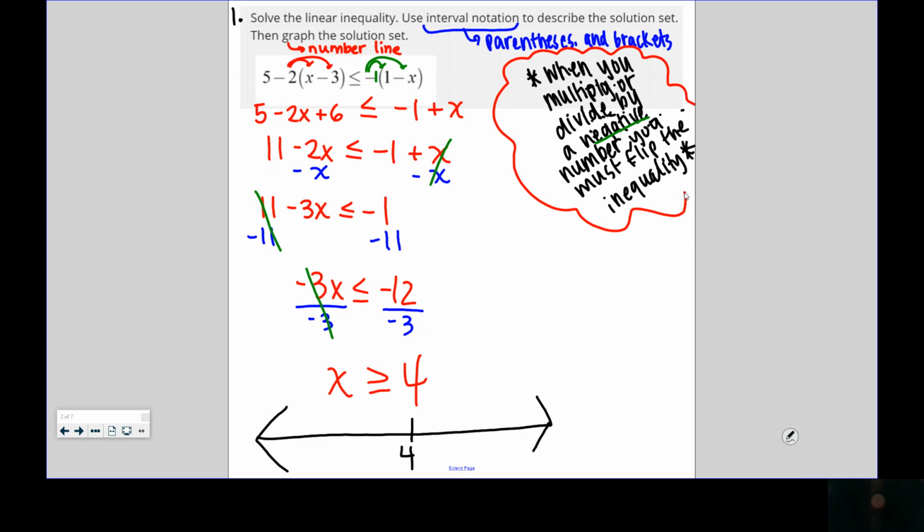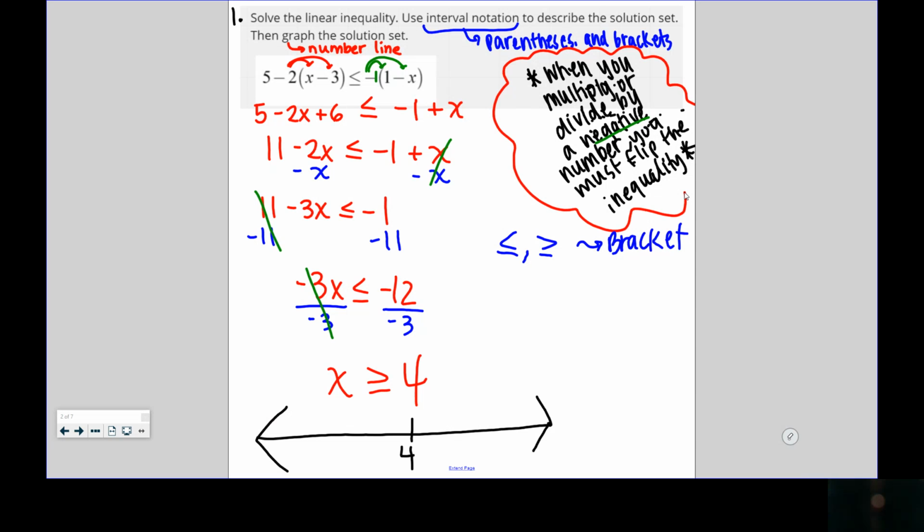All right, so another thing to remember is if you have less than or equal to, let's just write the symbol. If you have less than or equal to or greater than or equal to, those are going to be represented by a bracket.